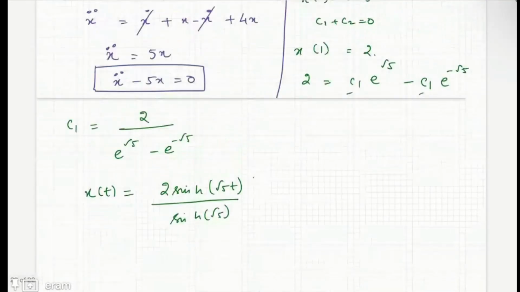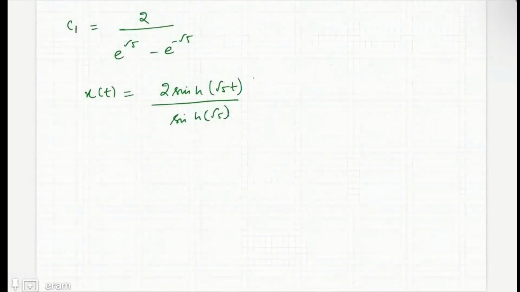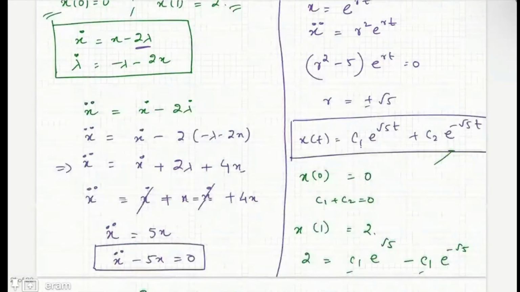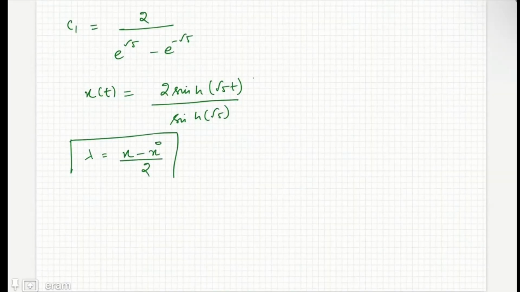How can we find the expression for lambda? Lambda is nothing but x minus x dot, divided by 2. Since we have x, we can calculate x dot, and that would give us the expression for lambda.